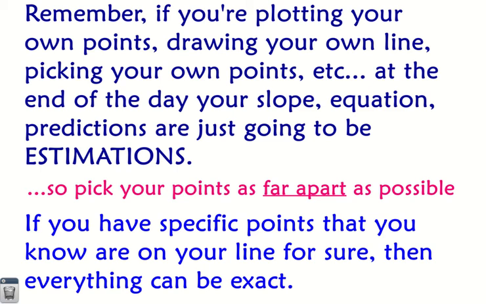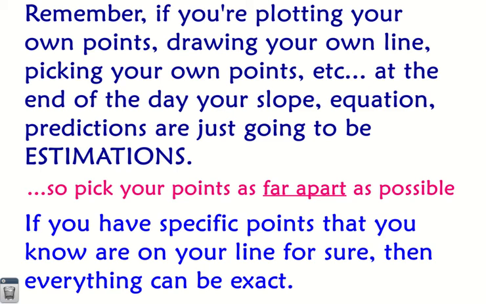Especially if you are given your line of best fit, like if it was drawn for you by a computer, and you knew that the line drawn through your points was the perfect line of best fit, and you knew there were specific points definitely on that line, then your slope, your equation, and your predictions are now considered exact.